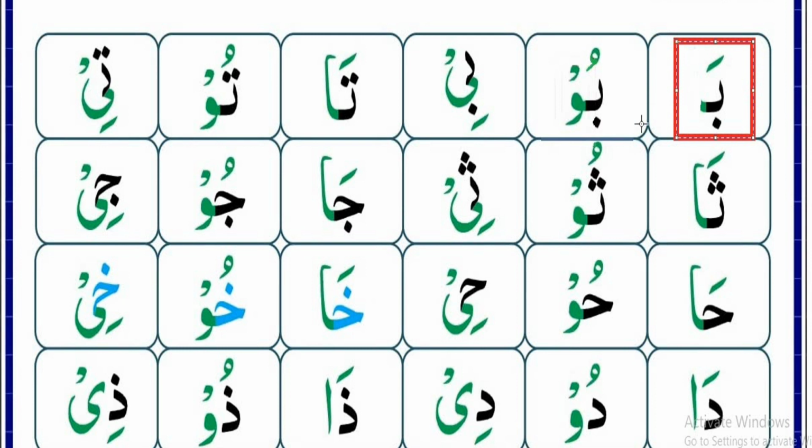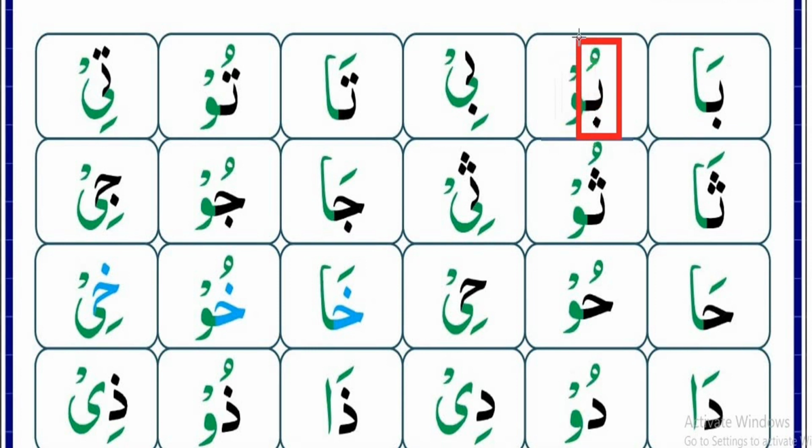But the same letter, if you read it with an alif, then the sound would be ba alif fatha ba. So now the sound would be stretched, and it is because of this alif, the madda letter. Without the madda letter it was ba, and with the madda letter it is ba. And same is here.